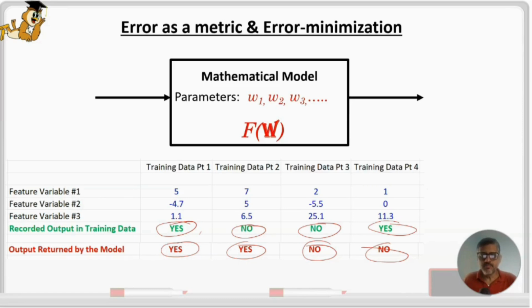So how do you exactly define the distance between a yes and a no, and so on and so forth, right? It's not as easy as just subtracting and adding up everything. You have to be a little bit more careful in your choice of error definition, right?